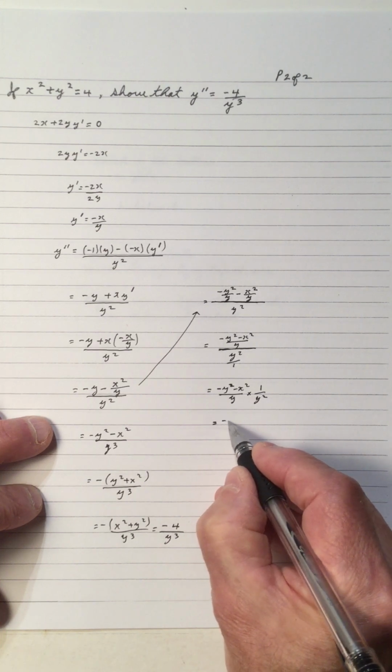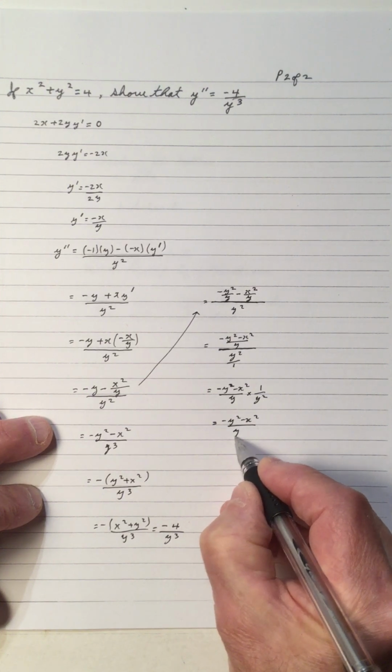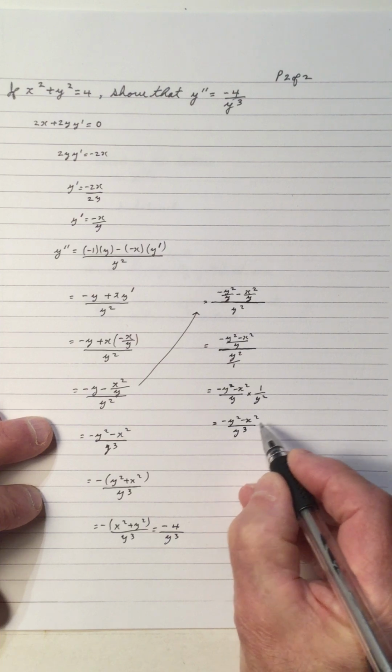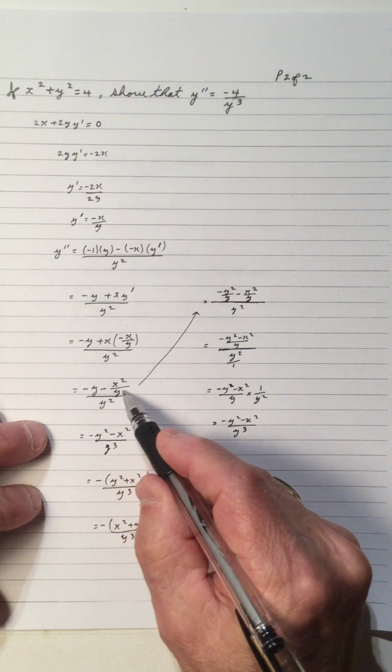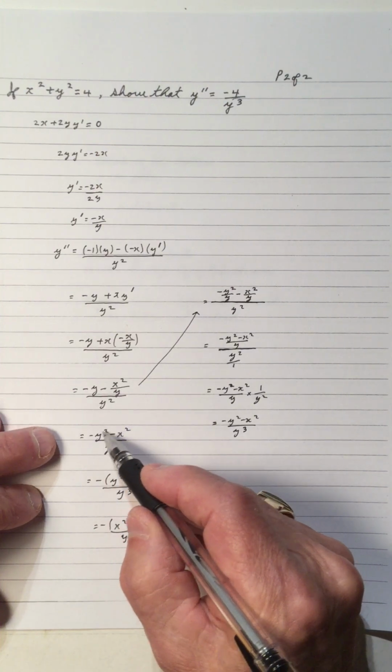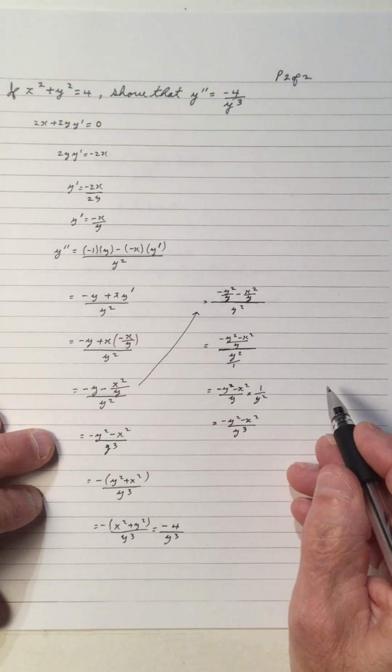That gives us negative y squared minus x squared over y cubed, which is right here. So you could multiply by y and get this expression instantly, or you can work through it like this to get the same expression, your choice.